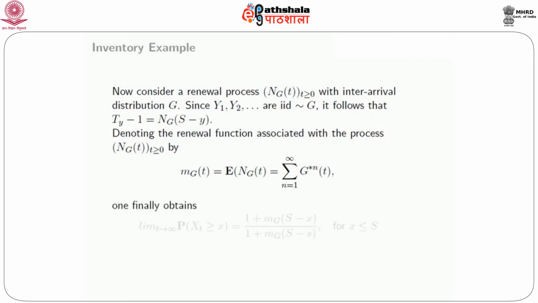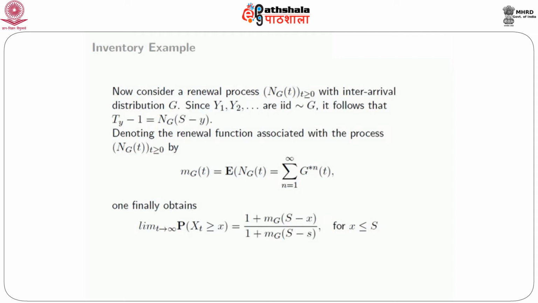So one finally obtains that the limit as t goes to infinity of the probability that X(t) is greater than or equal to x is 1 plus the expectation of N_G of S minus x, that would give you the expectation of T_x, divided by 1 plus M_G of S minus little s, which gives the expectation of T_s.